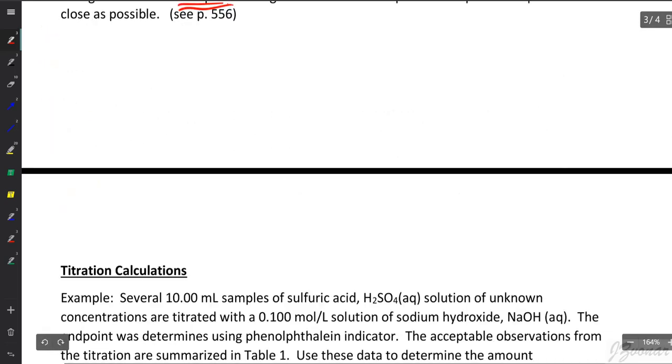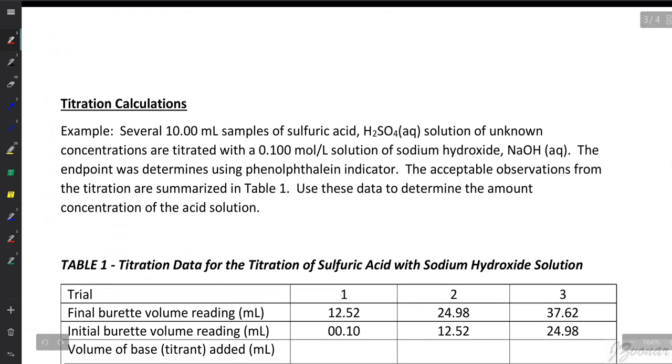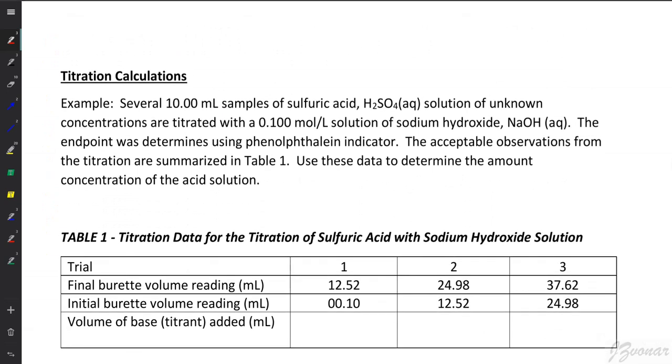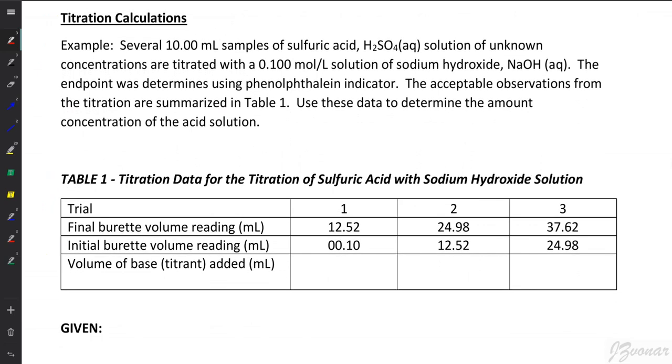Now, next important thing, which we did do in grade 11, you should have all performed a titration in grade 11, is we're going to do a quick review of the calculations that are involved when we perform a titration. So this is some typical data that you would receive during a titration. Normally when we do a titration, you would like to do several trials, to try to get as close a volume as possible.